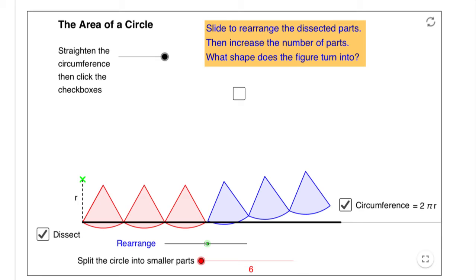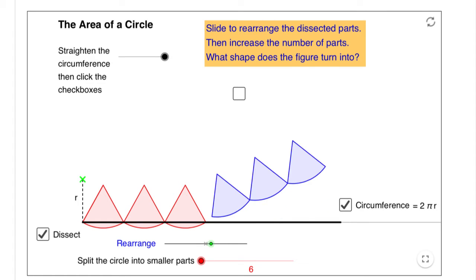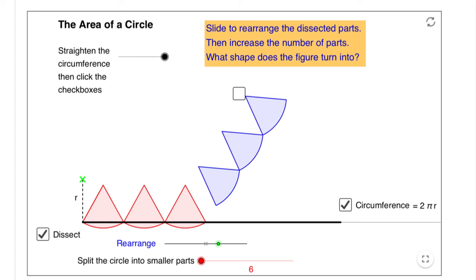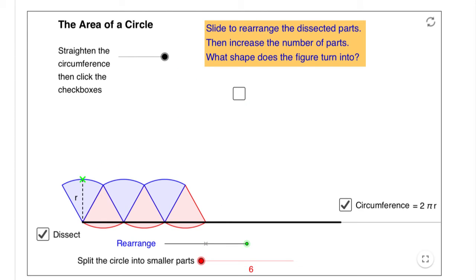The black line is the circumference, and up until the red part is half of the circumference. If we know the circumference is πd or 2πr, then half of the circumference is going to be πr. If we move the blue parts and keep sliding them along, then they'll overlap with the red parts.